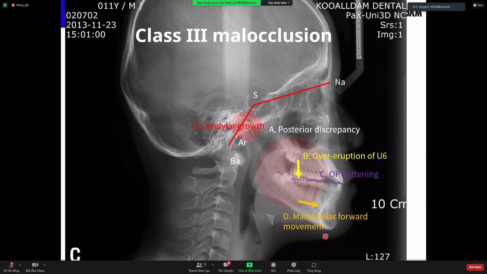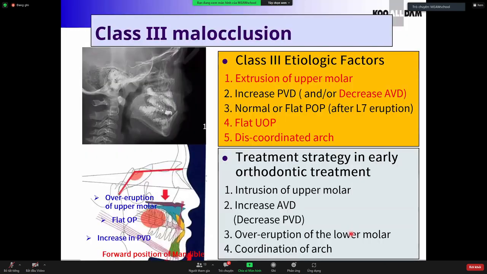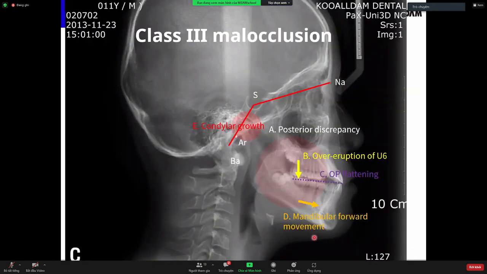As a result, mandibular forward movement like that. So as a result, the condyle grows forward. And finally, the class 3 may worsen more and more.